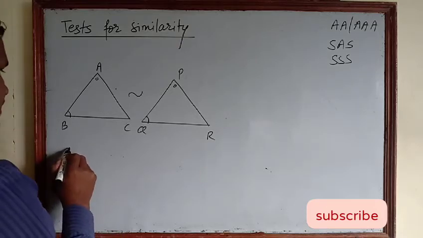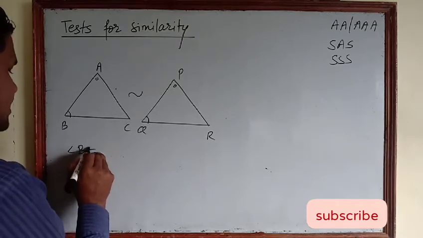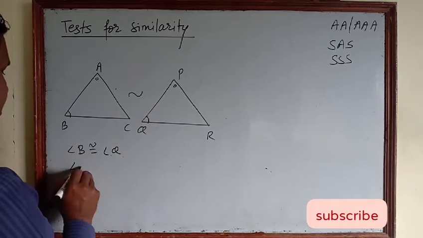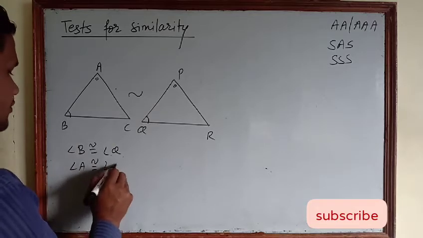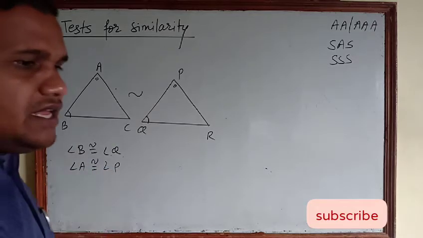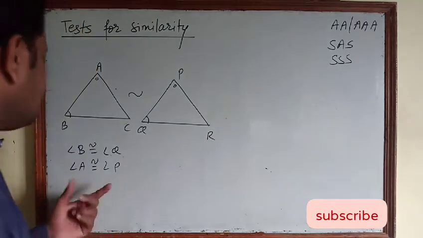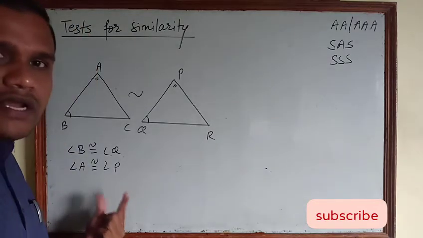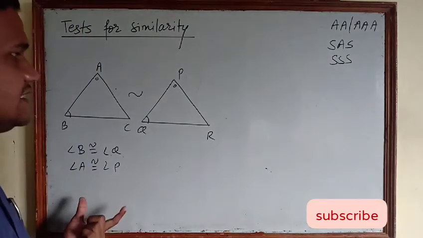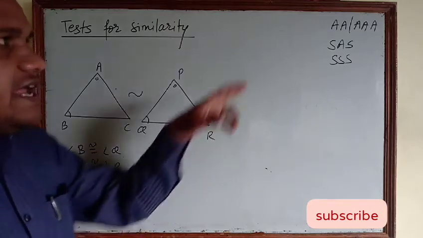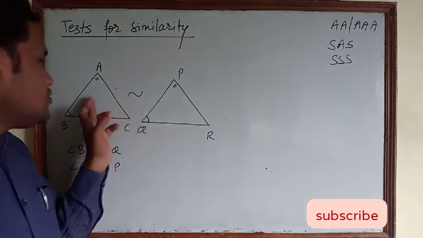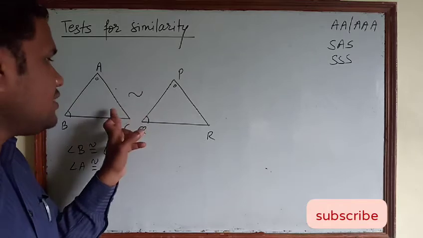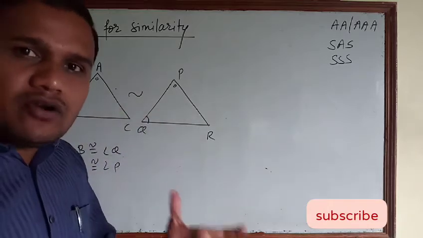If in these two triangles angle B is congruent to angle Q, angle A is congruent to angle P, means if you get any two pairs of angles congruent, then you can say that the triangles are similar by AA test. Now as two pairs are congruent, it means the remaining angles are already congruent.